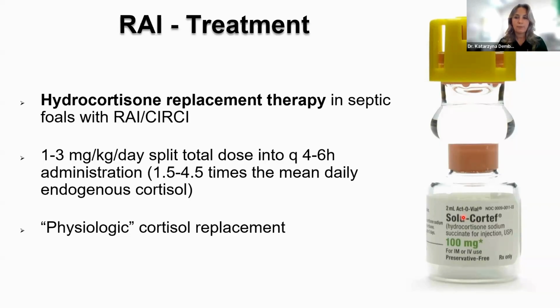It is important to remember that the goal of treatment for CIRCI is physiologic cortisol replacement, because it's been shown in a number of studies in people that if we use a higher dose, a superphysiological dose, then it may actually decrease survival, and it has an effect on the severity of disease and can cause some significant complications.